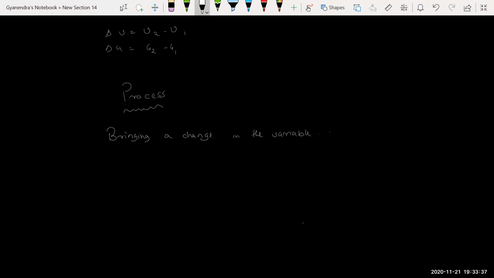So a process is a way by which you make changes in the thermodynamic variables. You completely change the definition of the system. It may be in a different state initially, and after doing the work or whatever you're doing, it will reach a different condition where the values of these variables will all be different. Is that clear, Dinesh?